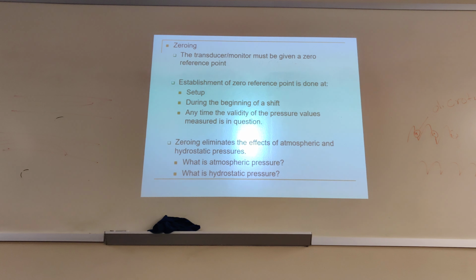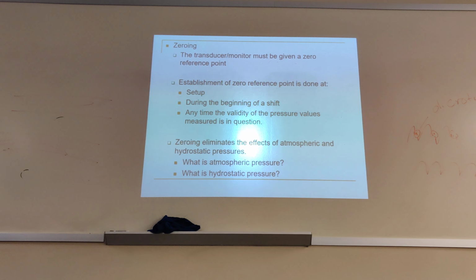So here's zeroing. Making sure that you are measuring the pressure from a 0 reference point, so there's no more pressure being sensed by the transducer when you hook it up to the patient. The transducer monitor must be given a 0 reference point.